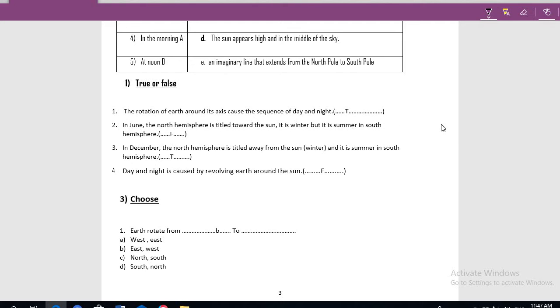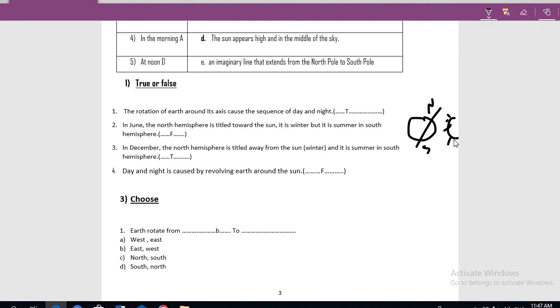In June, the Northern Hemisphere is tilted toward the sun. So this is Earth. This is North and this is South. North is tilted toward the sun. This is the sun.